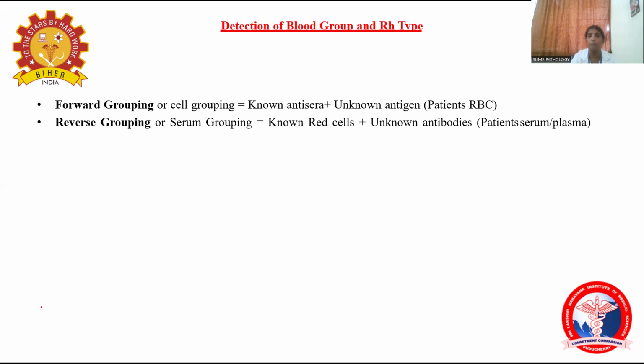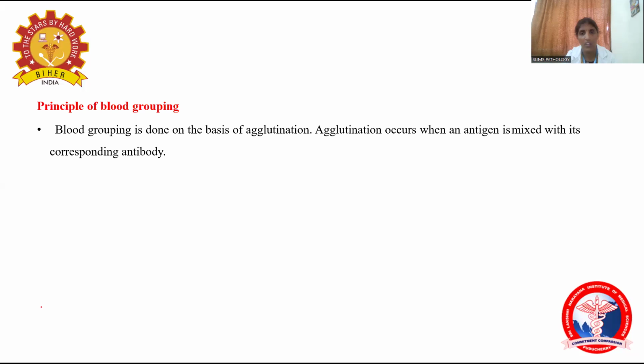Or even in the same sample it can be done, but two technicians must perform individually, one forward, one reverse, so that the results of both are concordant with each other to avoid discrepancy in reporting. So just remember, leave aside all those practical difficulties at this level. At least, forward grouping means known anti-sera with unknown antigen. Reverse grouping is known red cells with unknown antibodies or the unknown serum. You can take it that way.